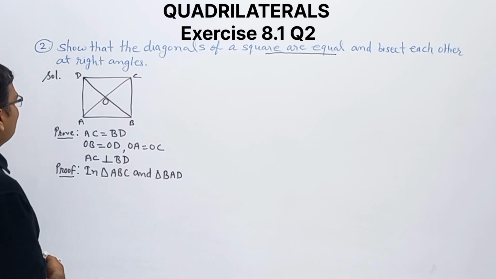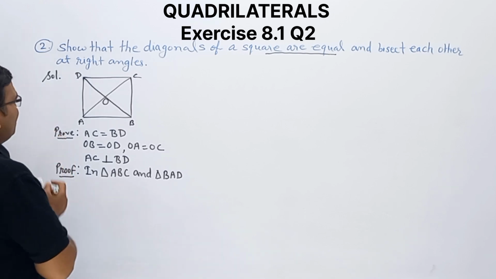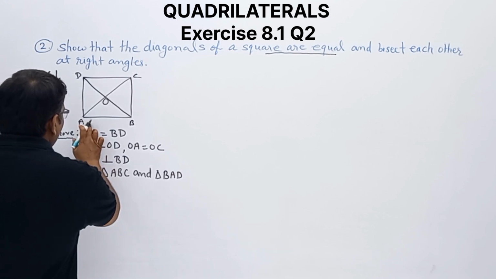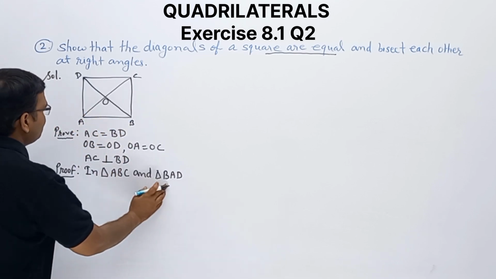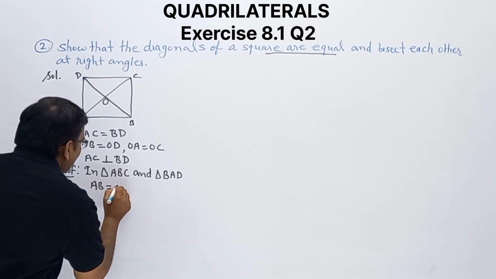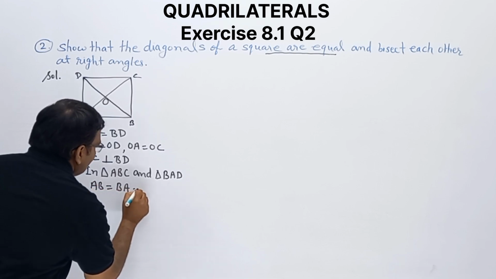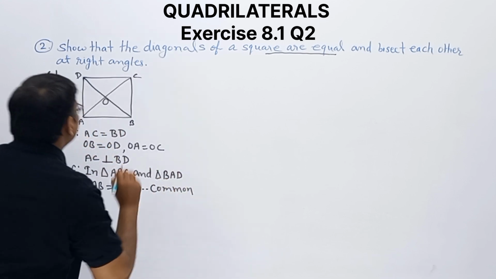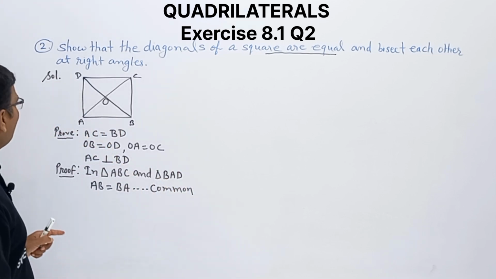So, what thing is similar in both? Observe carefully. AB is common in both triangles, so AB equal to BA. Common in both triangles. Clear? Now next one.